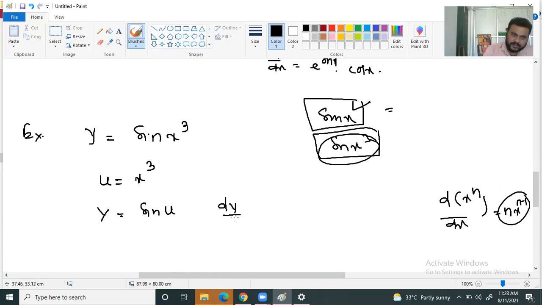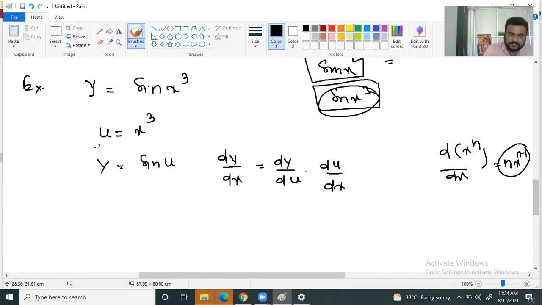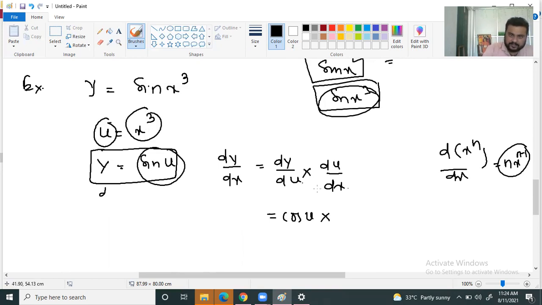Now to find dy by dx, that means dy by du into du by dx. So dy by dx is equal to the derivative of sin, that is cos u, into the derivative of u with respect to x, that means 3x square, using n x to the power n minus 1.